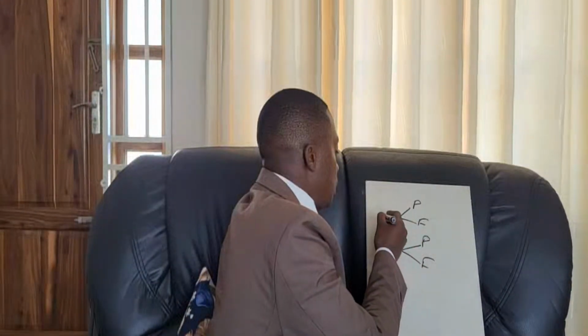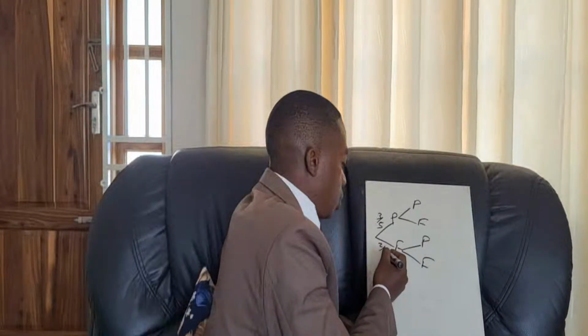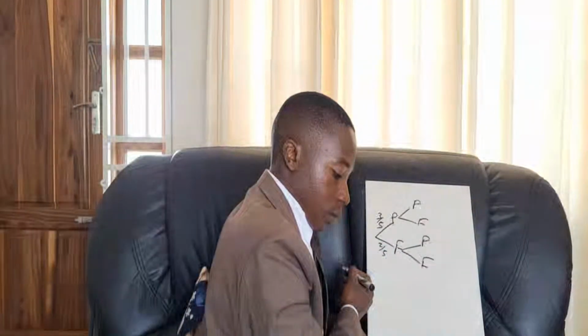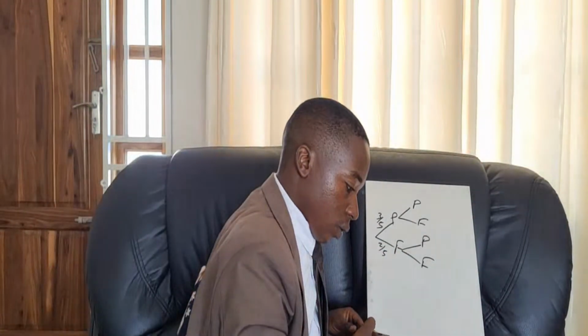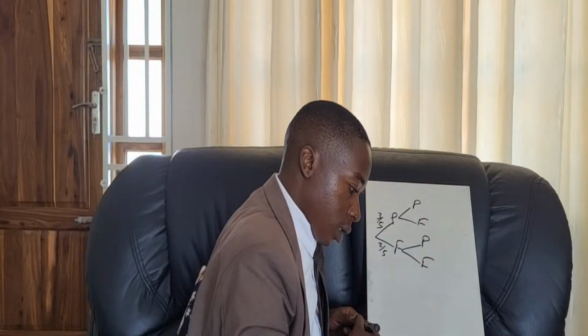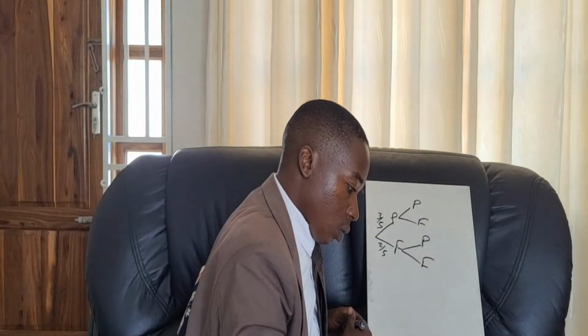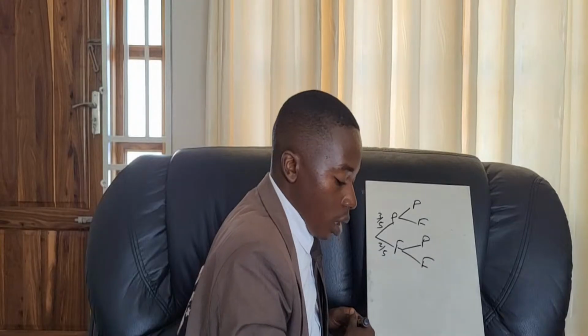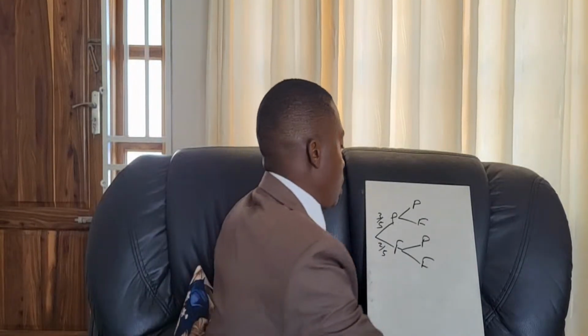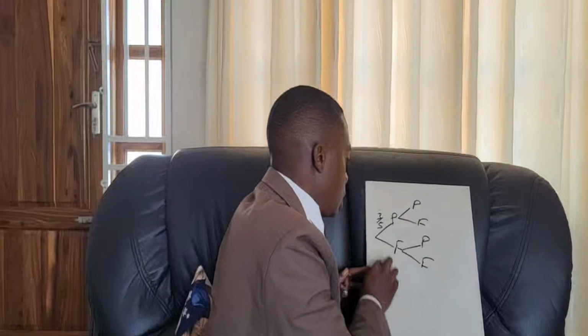Two learners P and Q. The pass is 3/5, it means the fail is 2/5. We're going to read the question.